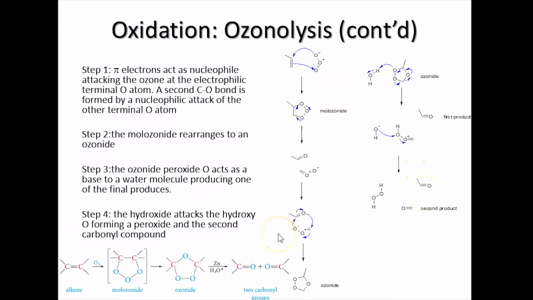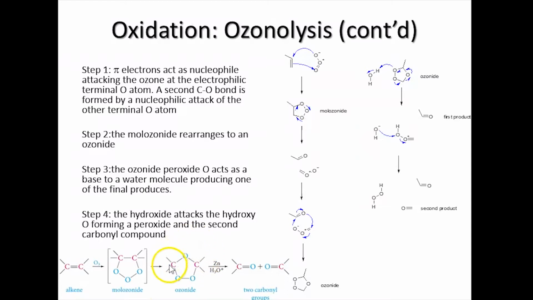Let's back up a bit and look at the general scheme, because this is important. An alkene in the presence of ozone will form this molozonide species. Notice the formation of the oxygens. That will rearrange.